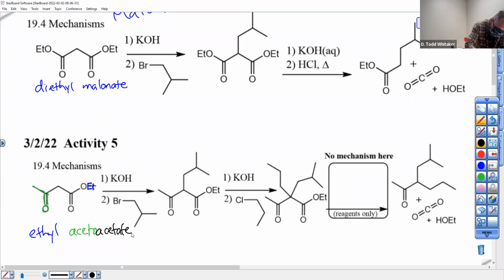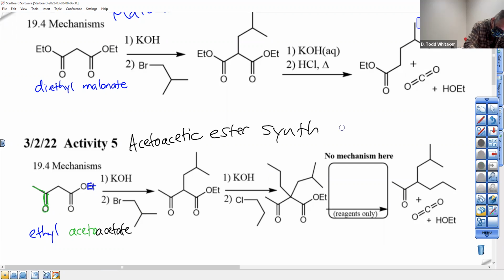And this whole thing down here is the acetoacetic ester synthesis.